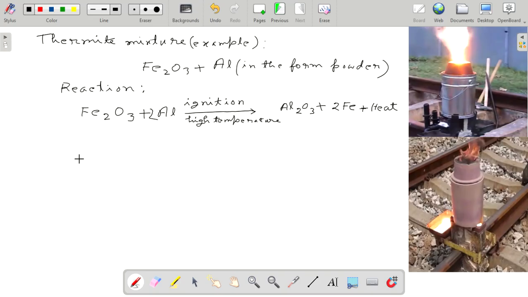The application of thermite reaction: we shall see how this thermite reaction is applied for practical purposes.